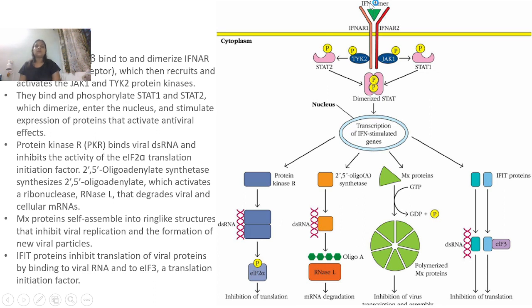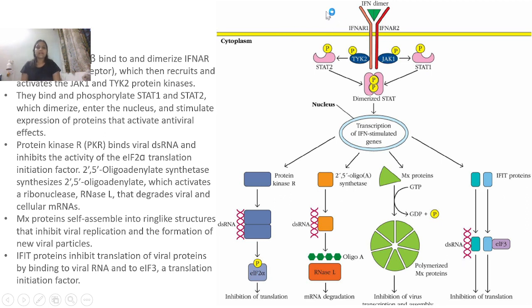So whenever there is a binding of the ligand to the receptor, these two dimerize, and then it activates and recruits other protein kinases like JAK, a tyrosine kinase. These are tyrosine kinases which are required for activation of the signaling.